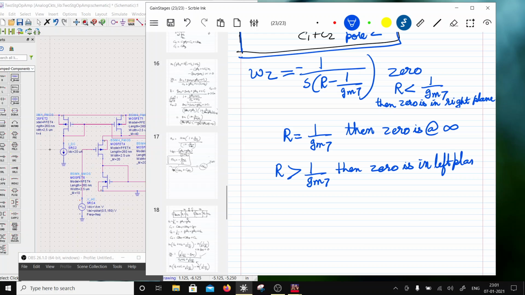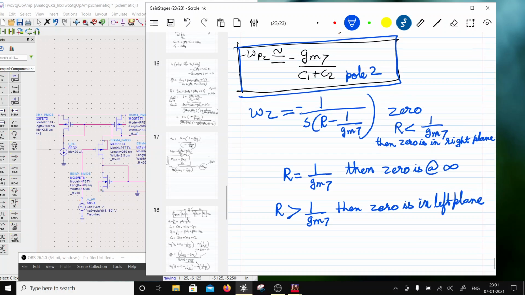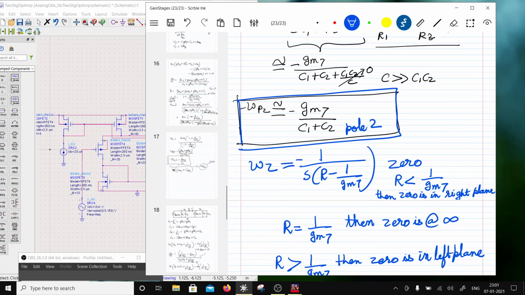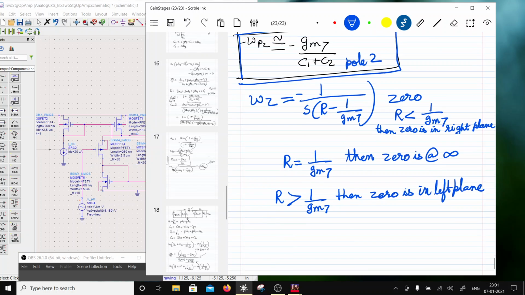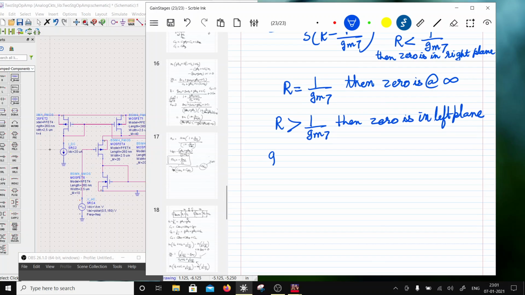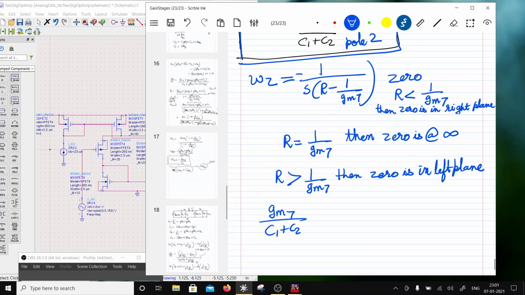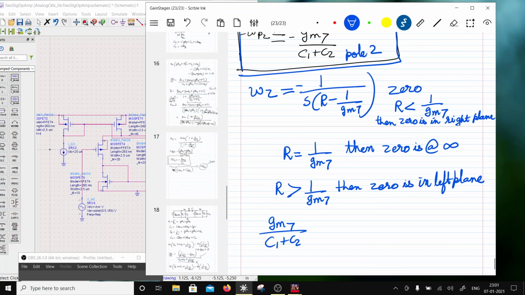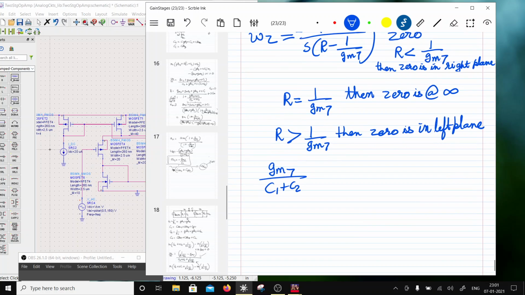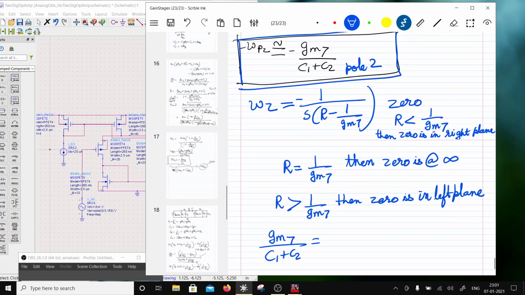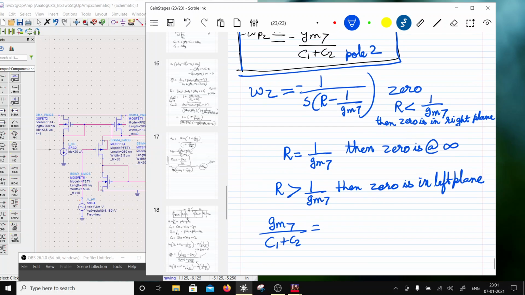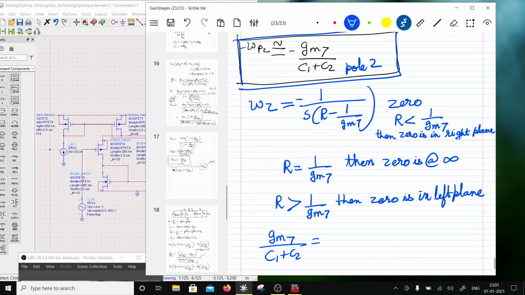Okay, so now when the 0 is in left plane, let me equate to second pole, which is over here, right? So gm7 over C1 plus C2, okay, is equal to the 0, right? Where is the S term? This is not a S term, this should be C here.